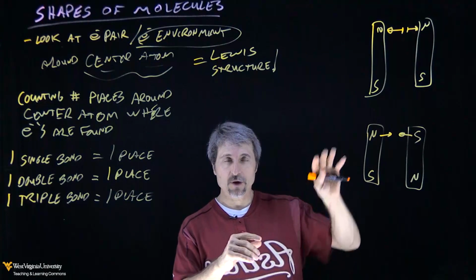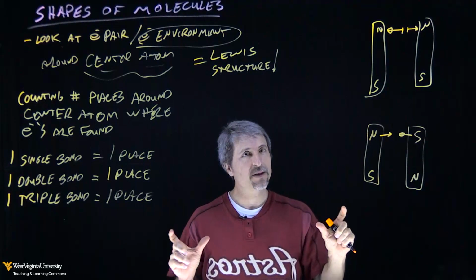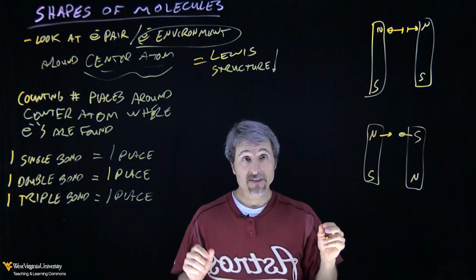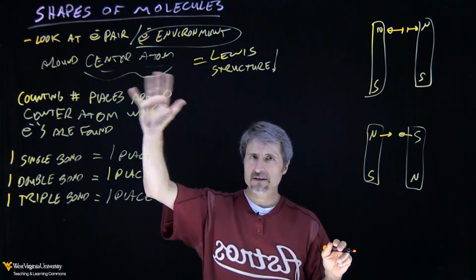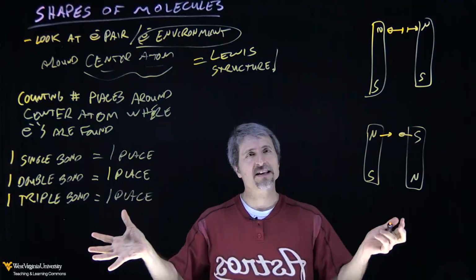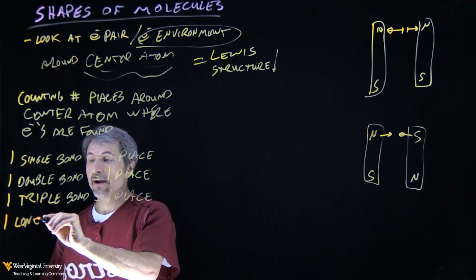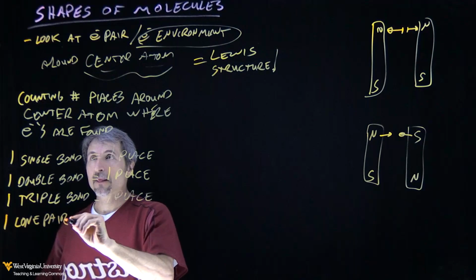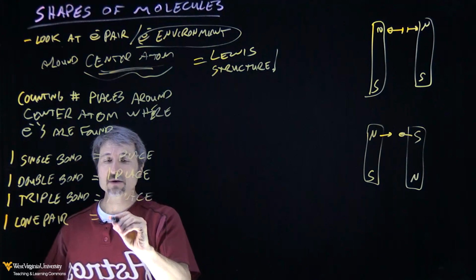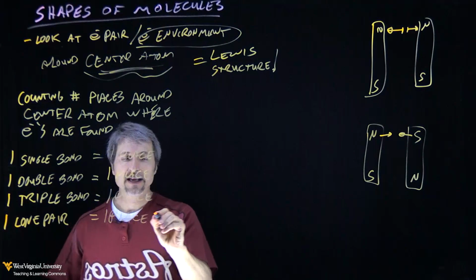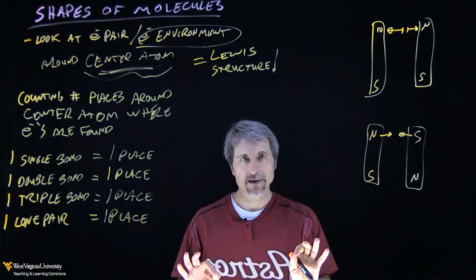But if this is something where you can envision it in your mind's eye, that's going to be very helpful as you go. And this is maybe the most tricky part to this whole process. It's not tricky, you just have to get the idea. One lone pair, all of this on the center atom, is still only one place. It's still one place where you can find electrons, okay?